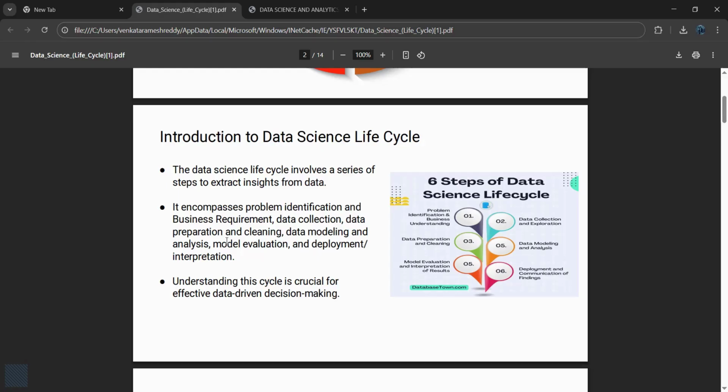And also data preparation and cleaning. If you want to prepare the data in a concise manner and without any duplicates, it means without any redundant data and also without any unsafe data, it will be helpful in data preparation, and also cleaning the data. Cleaning the data means removing the unnecessary data.